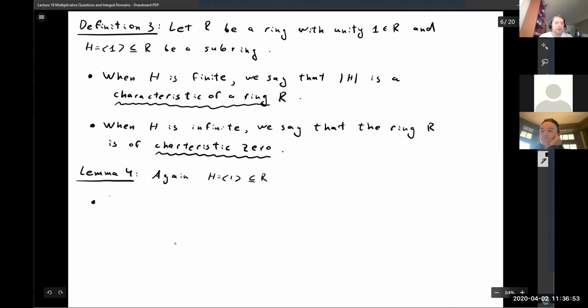When the cardinality is finite and equal to n, then this H must be isomorphic to Z_n as rings.